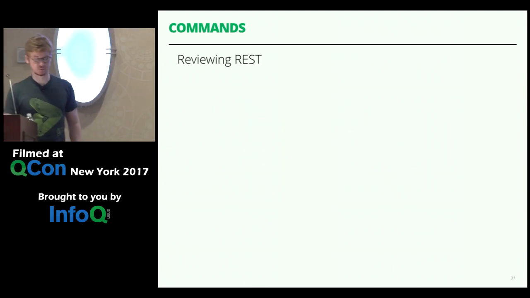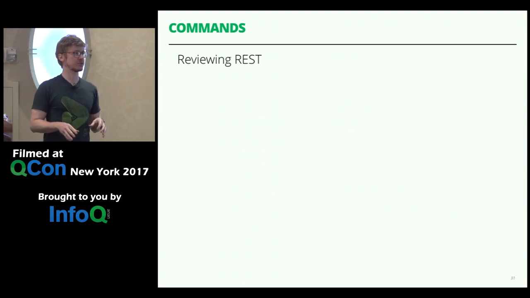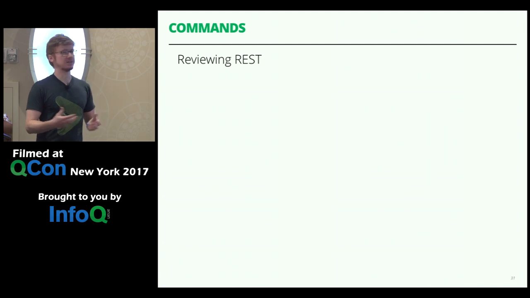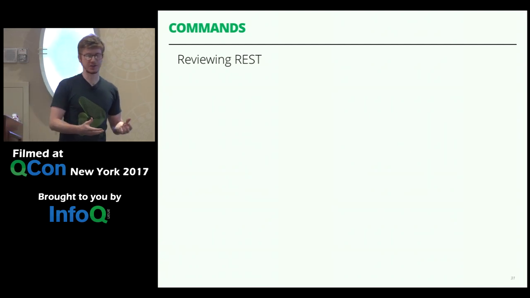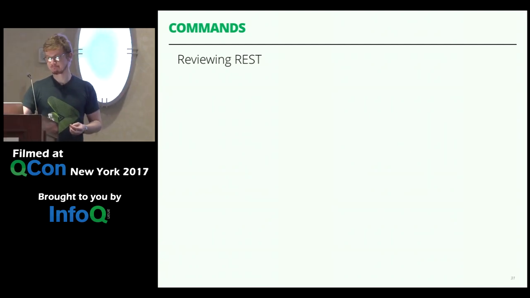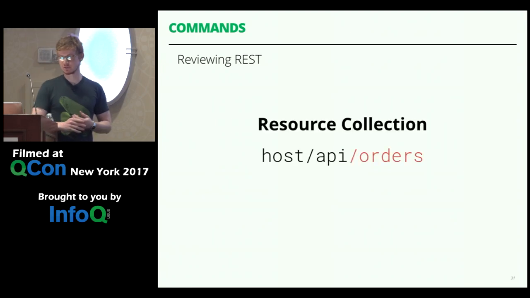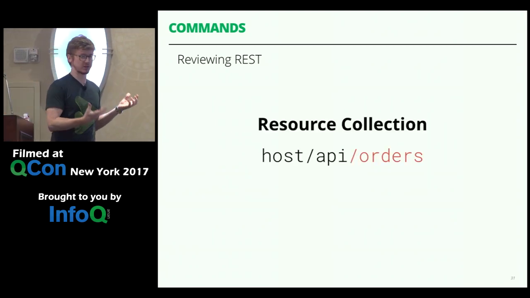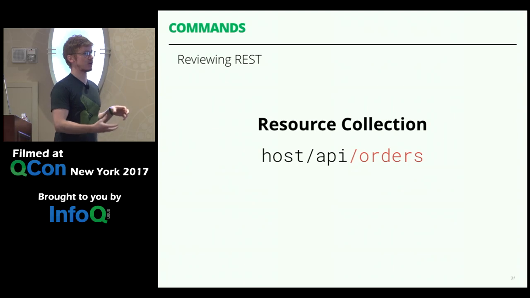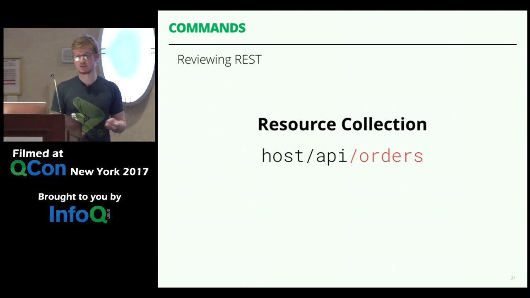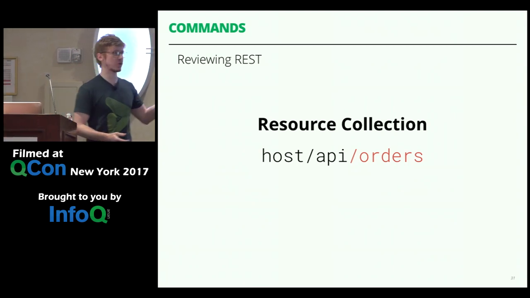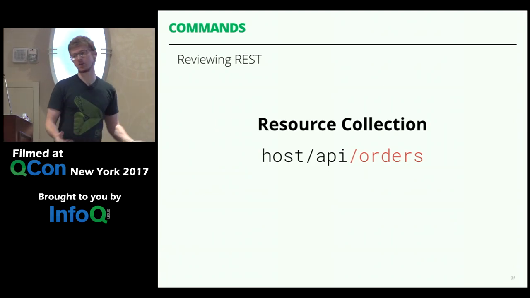So before we answer that, I would just like to review a little bit of the ideas behind the REST architecture, especially in regard to resources. So we usually have resource collections, which represent a collection of entities, more or less, in an application. So for instance, /orders would represent all the existing orders in the system.